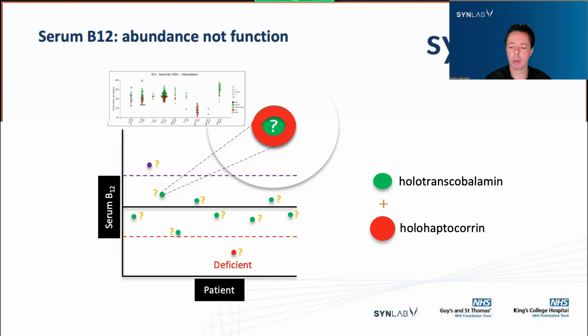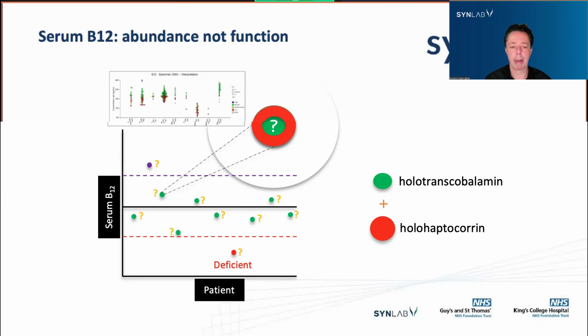So let's say around 80% of your B12 is bound to haptocorrin. Only a minority fraction of B12 binds to the other protein, which is called transcobalamin. But it's this protein that is important because cells that require B12 to function properly only have receptors for B12 bound to transcobalamin, which is known as holotranscobalamin.